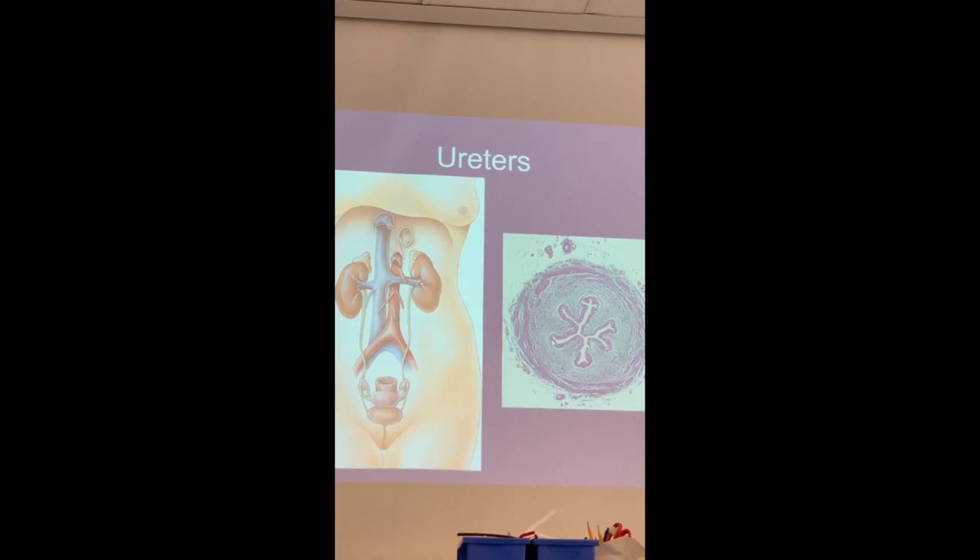Anyway. Now, one of the other features we see about the ureter, and this is also true of the renal pelvis and the bladder, is that it's lined with transitional epithelium. That's something we talked about in AP1, an epithelium that is multi-layered. It's a stratified epithelium, but we don't assign a shape to it because its shape changes.